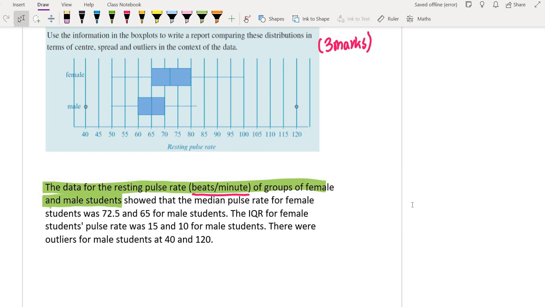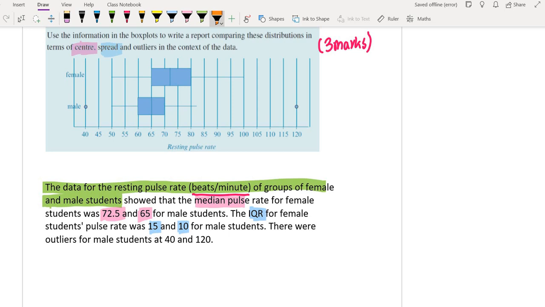So that gives you the context, and then we want to compare the center. So we got a mark there for comparing with data, and we also compare spread by using the IQR and giving the data.